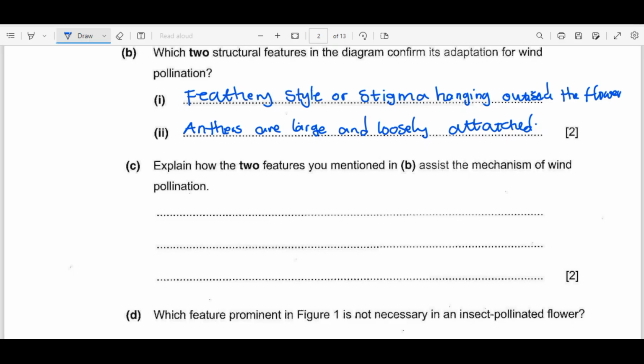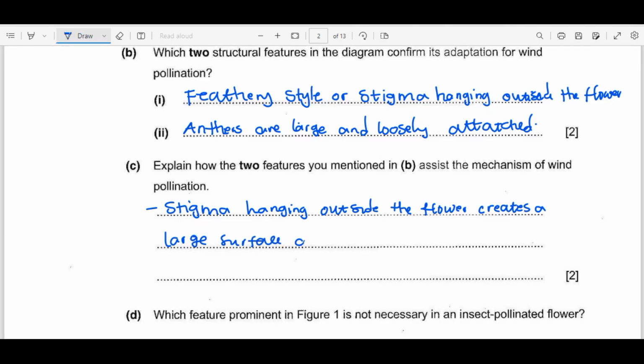We'll say stigma hanging outside the flower creates a large surface area for pollen grains.